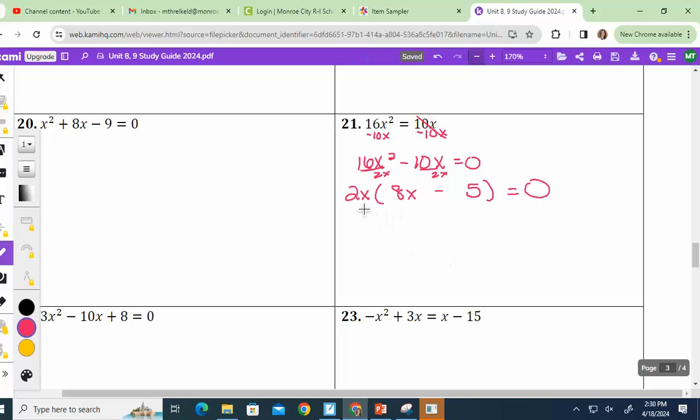So now, the only way to get 0 when you're multiplying is if one of these things is 0. So 2x equals 0, or 8x minus 5 equals 0. This one gives me x equals 0.